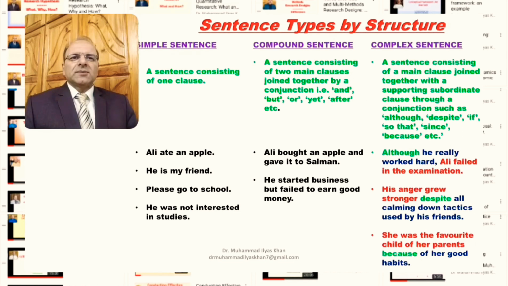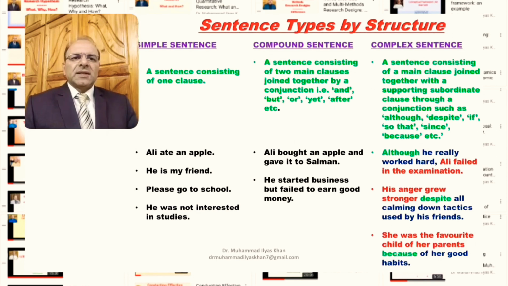Compound sentences, on the other hand, are sentences that consist of two main clauses joined together by a conjunction, such as and, but, or, yet, and so on. Here you can see an example. Ali bought an apple, one clause, and gave it to Salman, another clause.